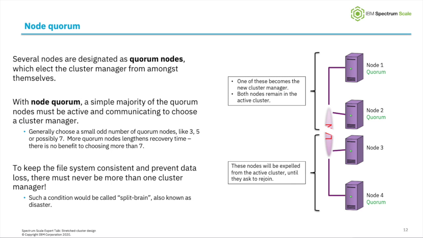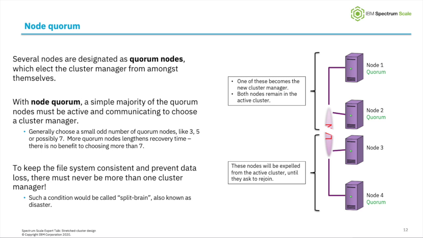They have no way of knowing whether that is due to a network problem or a power failure that brought down some of the nodes. We absolutely do not want both nodes 1 and 2, as well as 3 and 4, both choosing their own cluster managers. That would be a situation called split brain, better described as disaster. And due to the quorum rules with Spectrum Scale, only nodes 1 and 2 will continue.